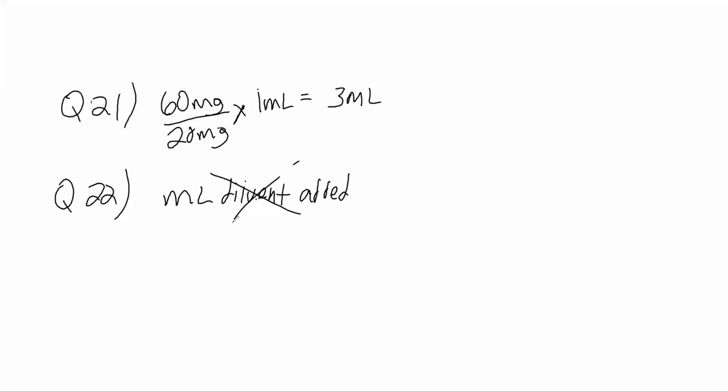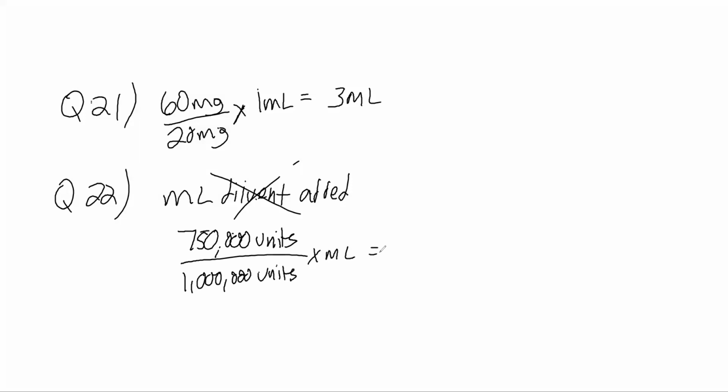So to answer question number 22, for the Pfizer pen, you just take the 750,000 units and you divide that by the 1 million units, because that's the most concentrated dose per milliliter, and you get your 0.75 milliliter.